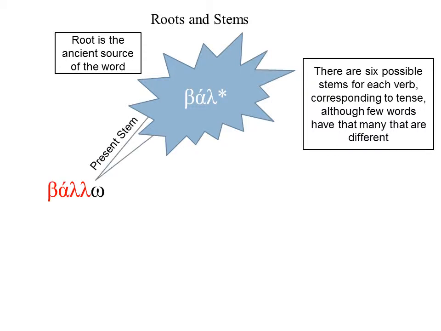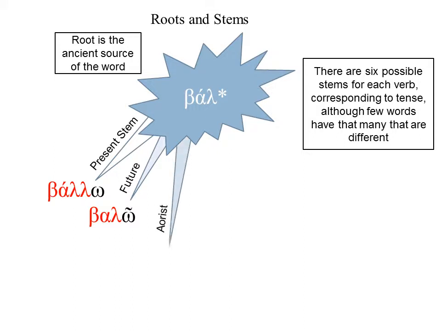So, balo, which we'll look at as we go along, the present has 2 lambdas, and the stem is bal with 2 lambdas. And what we're going to be looking at today, the future stem, has only 1 lambda, and that would be considered its future stem.